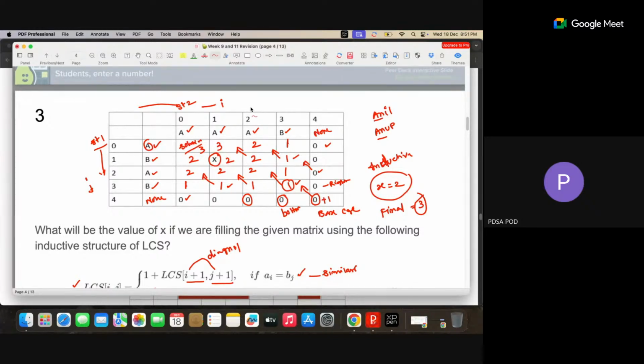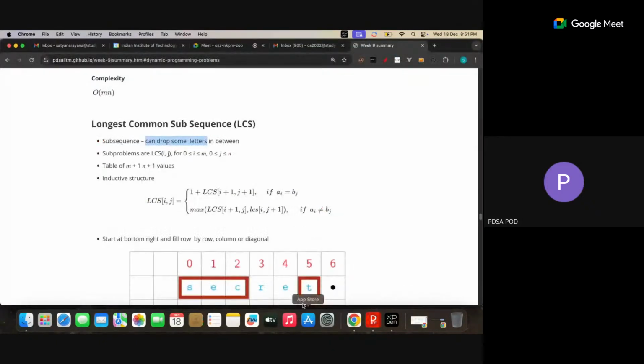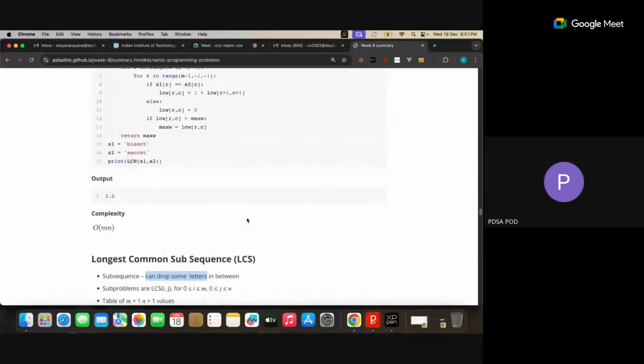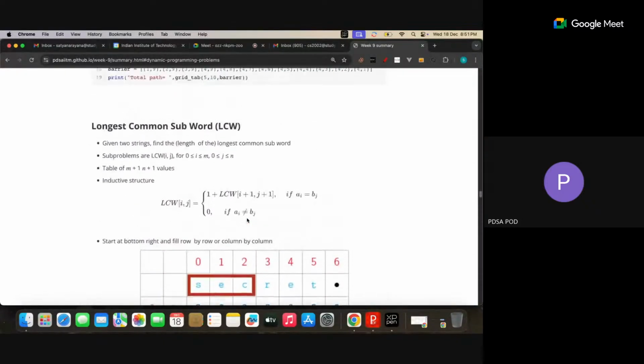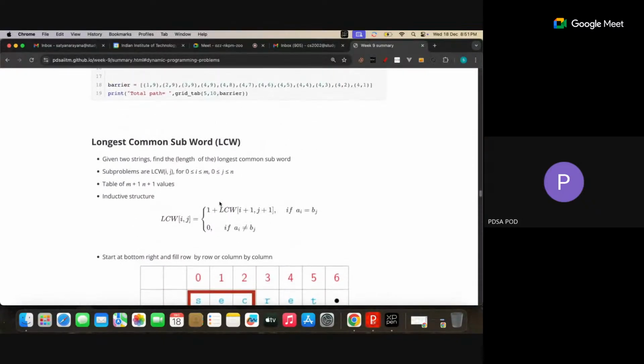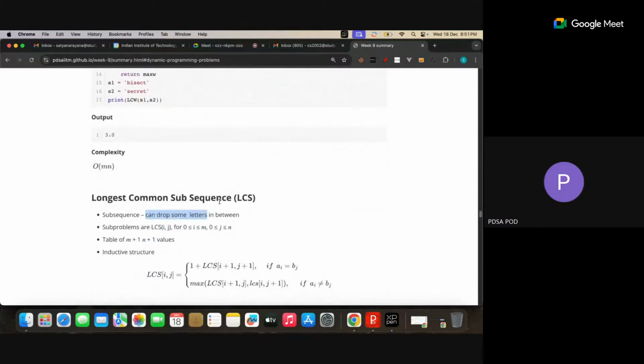First string A is found 3 times in the second string. LCW is different, where it is a common subword. LCS is a subsequence.